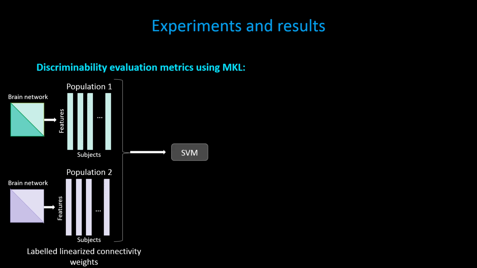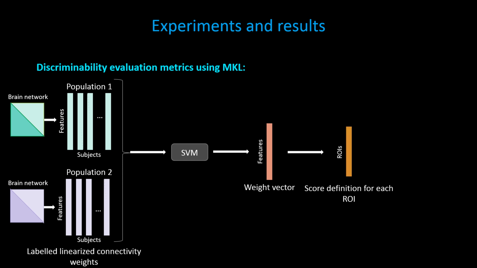Then, we trained an SVM classifier that outputs a weight vector denoting the discriminability of each feature in the classification process. In the next step, we defined a score vector that assigns a score for each ROI as a sum of the weights of all connectional features related to it. Top discriminative ROIs are then identified as those having the maximum score.